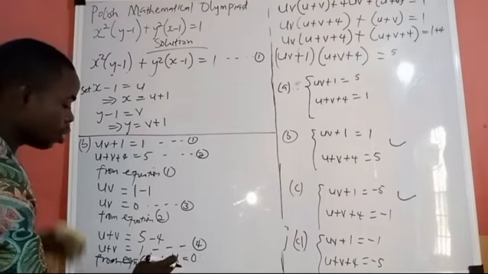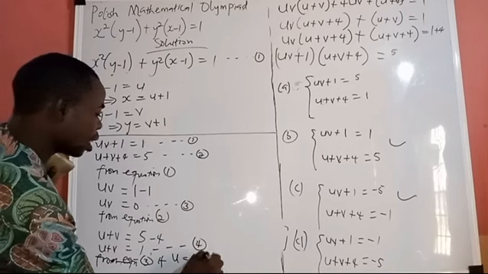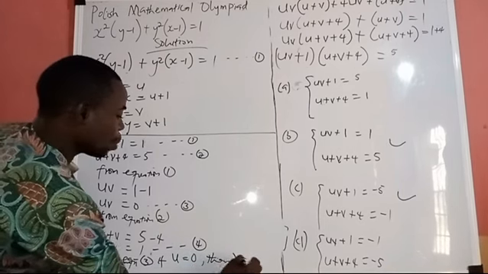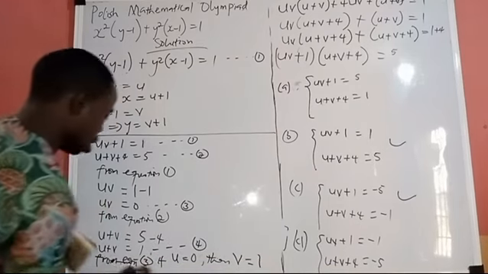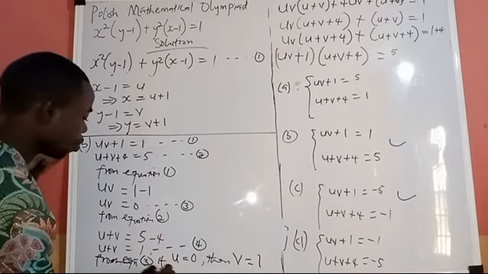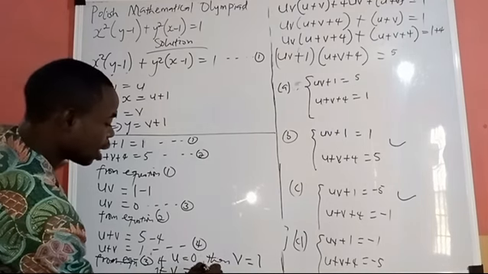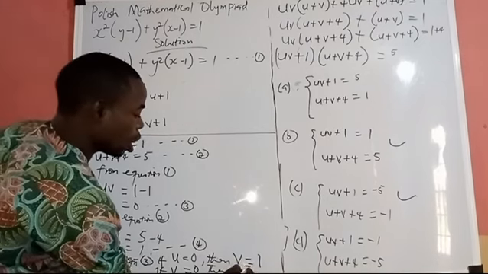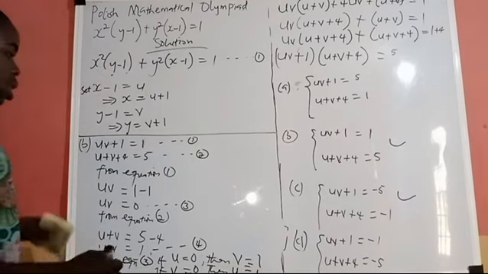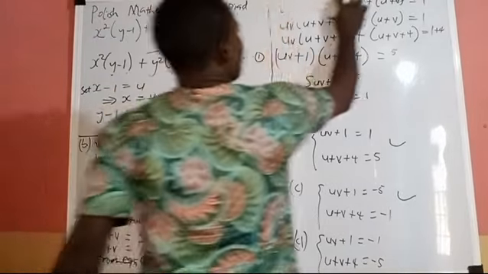So if u is equal to 0, then our v will be equal to 1. Okay, and then if v is equal to 0, then our u, from equation 4, will be equal to 1.